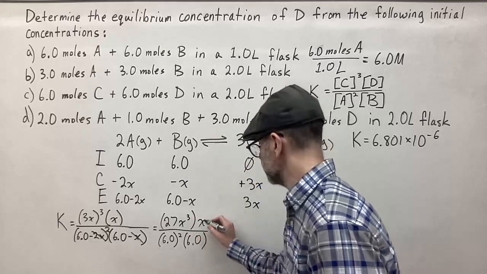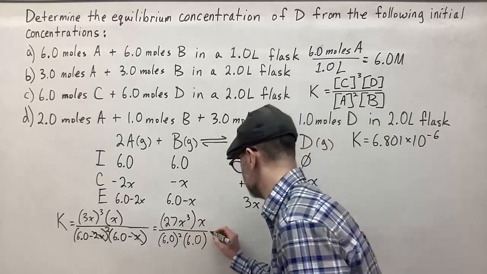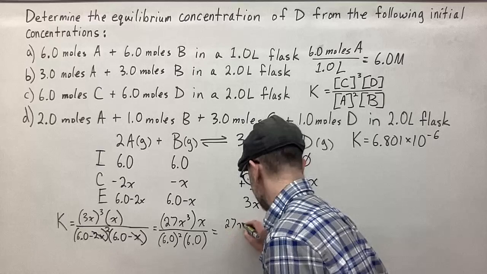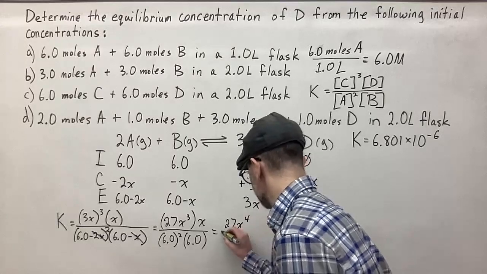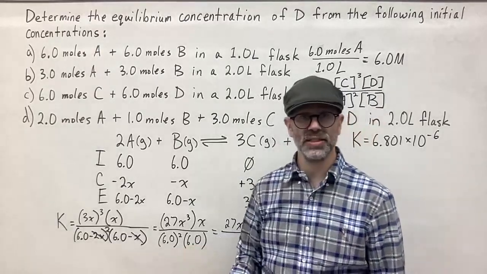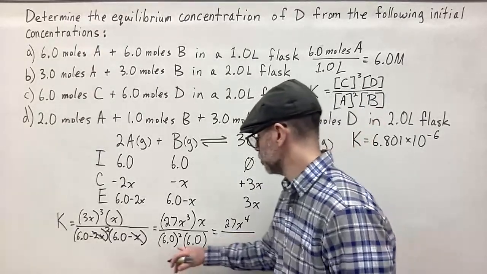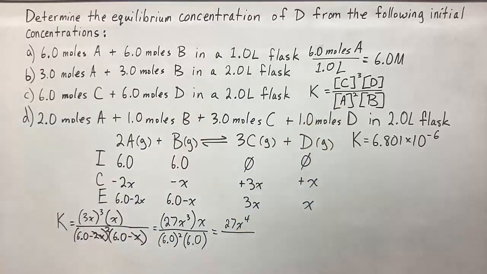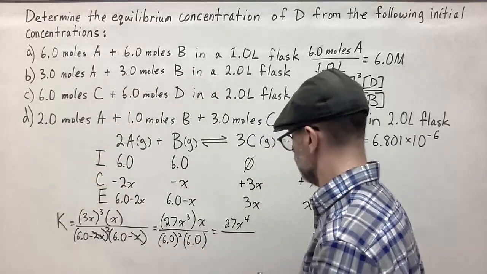And then x, so 27x cubed multiplied by x is going to be 27x to the fourth over 6 times 6 is 36. And then we multiply 36 times 6, and we get whatever that number is.